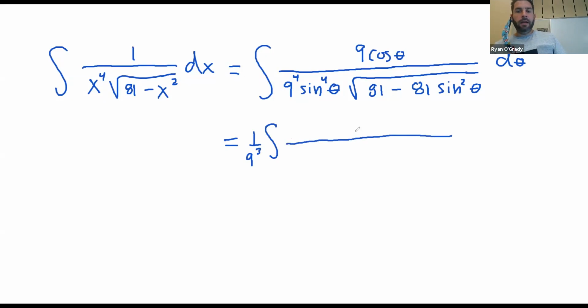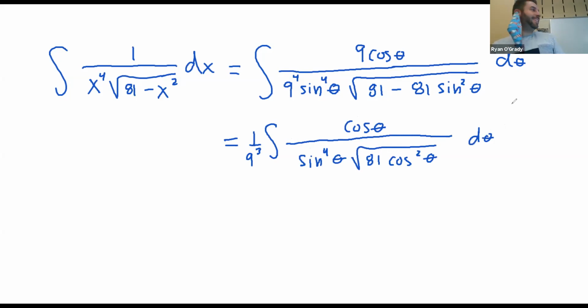And then downstairs, I still have a sine to the 4th. But inside the radical, what I'm left with is 81 times the cosine squared of theta. And then I have a cosine upstairs, d theta.